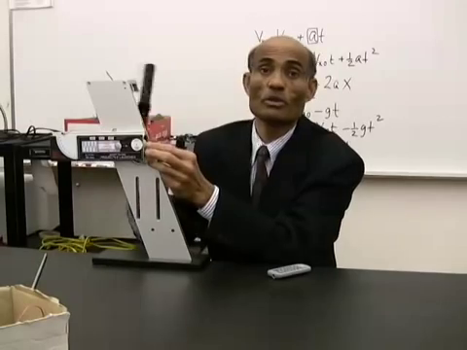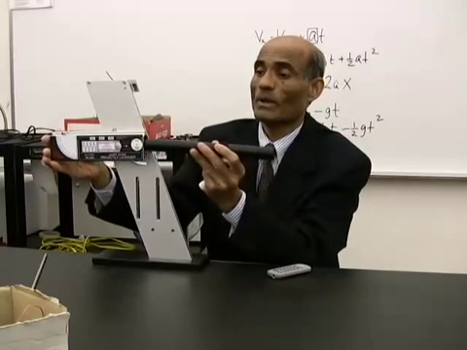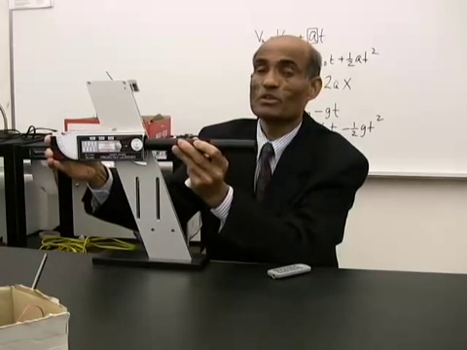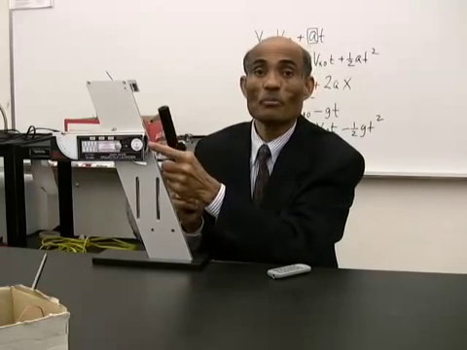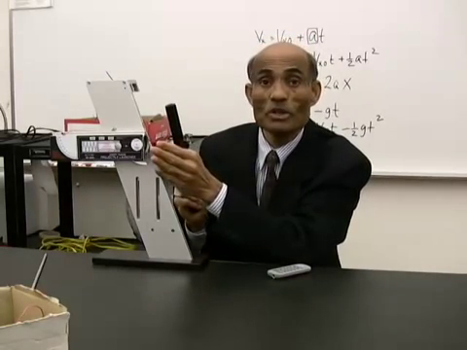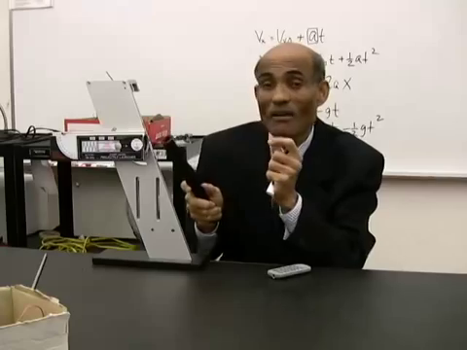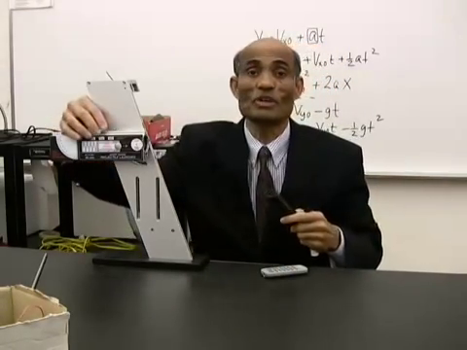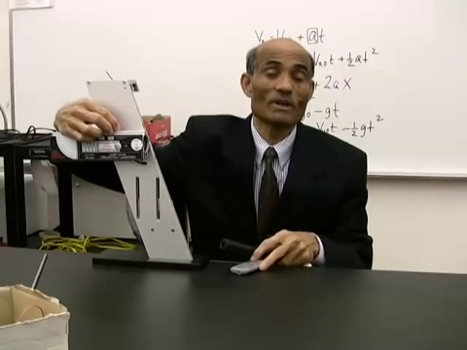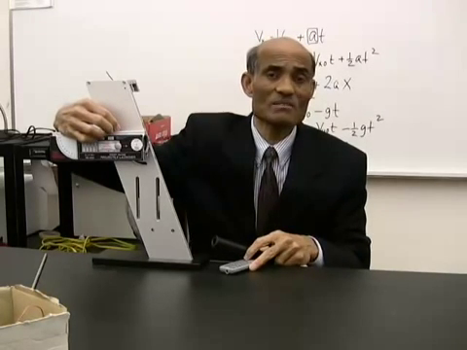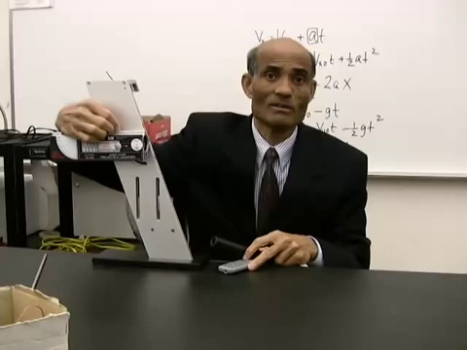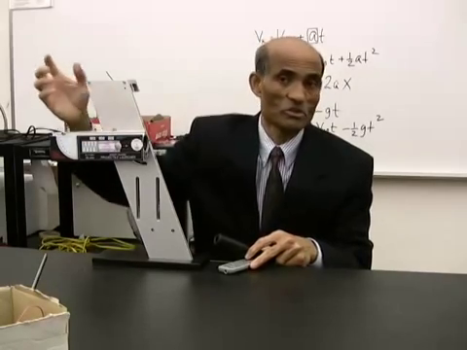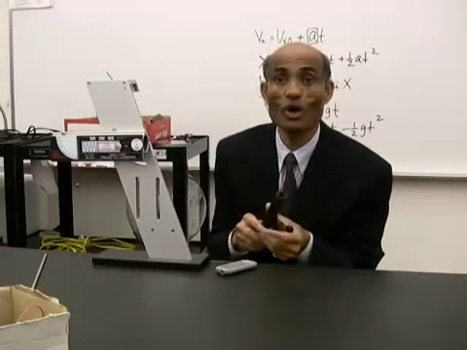I can load the gun, and I'm going to project it horizontally. When the ball comes out, the moment it comes out, it will have an x motion and a y motion. See if you can see the motion of the ball. There you are. Now, did you see how the ball was moving?